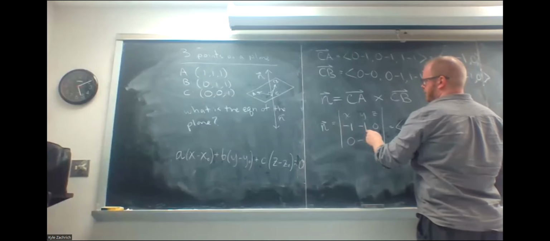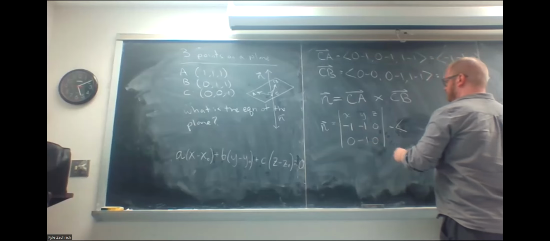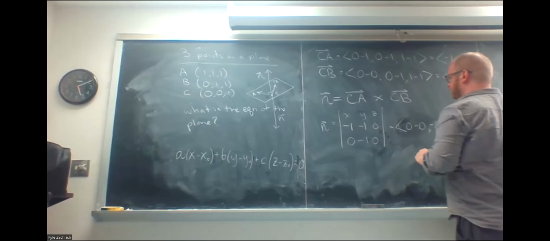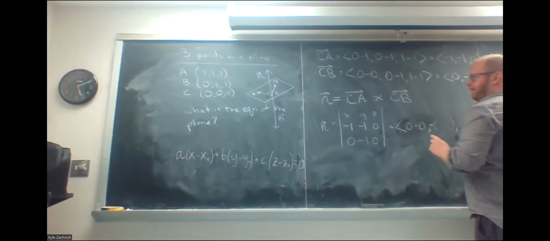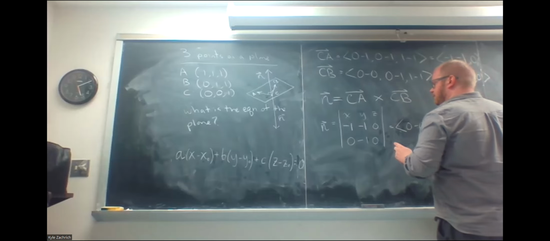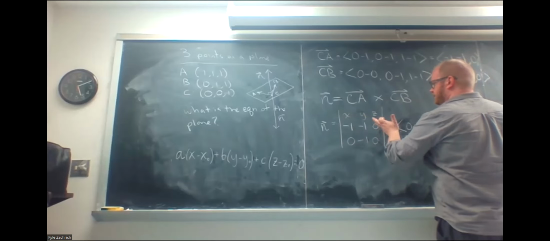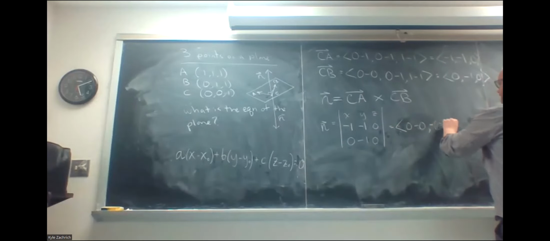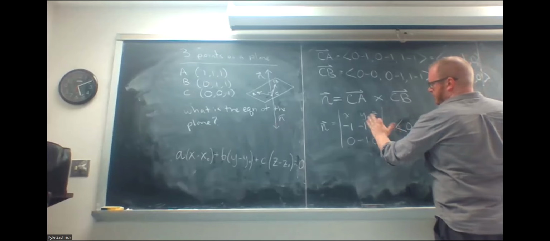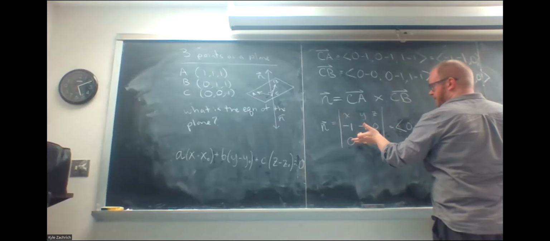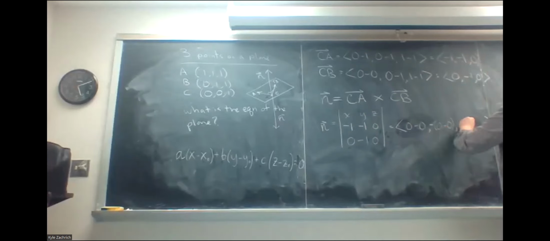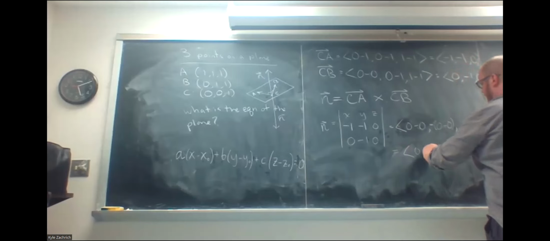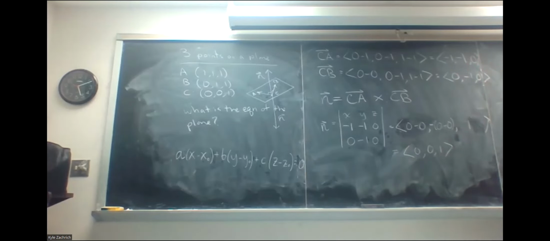Bring up the x, we get -1 times 0 minus 0. The y, we get this times 0, this times 0, so that's not going to give us anything interesting here. Covering up the z, we get -1 times -1, which is +1 minus 0. So it turns out that normal vector is going to be 0, 0, 1.